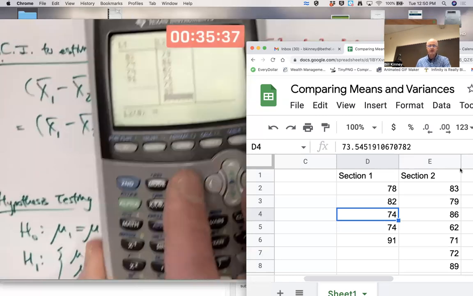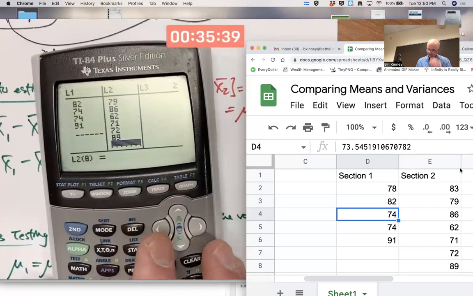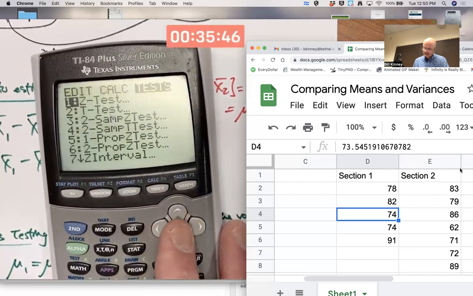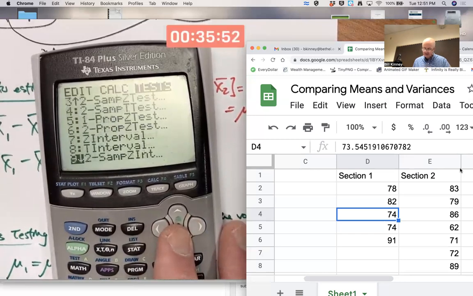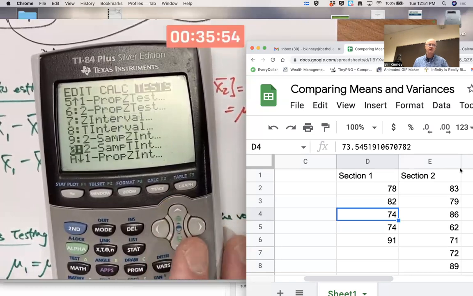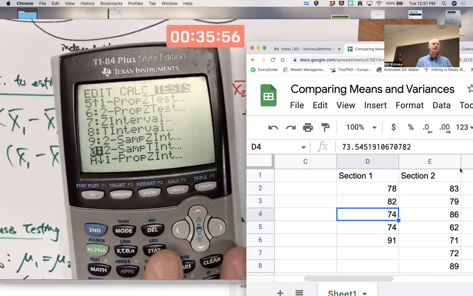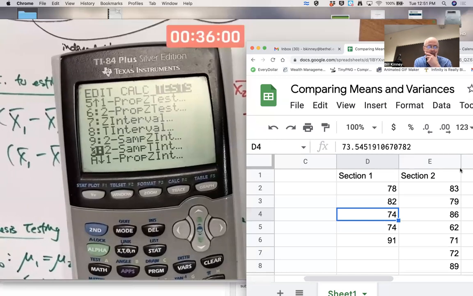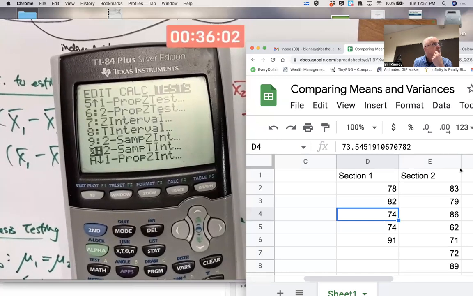So let's try it with the calculator first. Stat mode, tests. We can do hypothesis tests. We can also do intervals. We're after a t-interval, a 2-sample t-interval to estimate mu1 minus mu2.